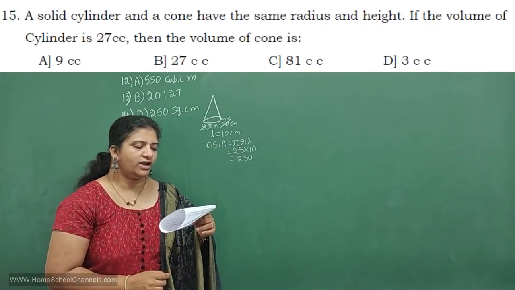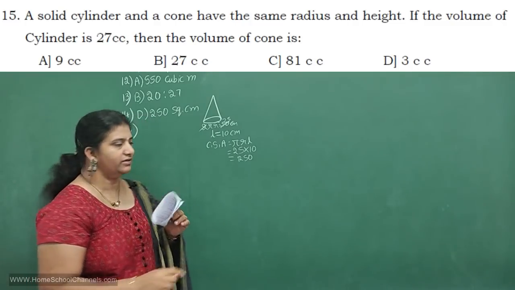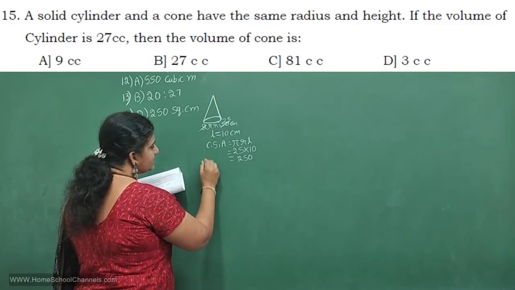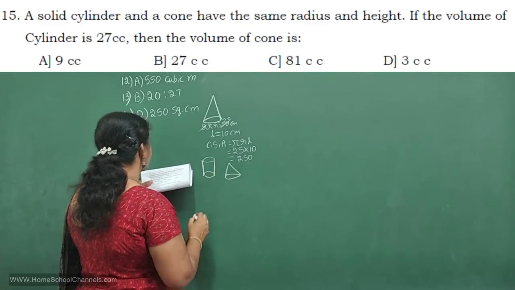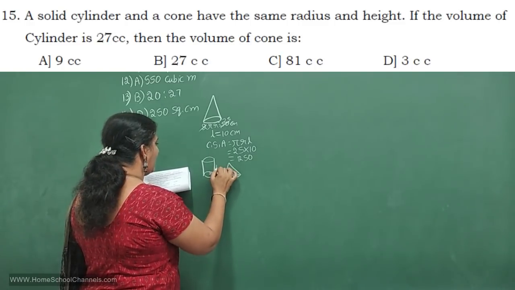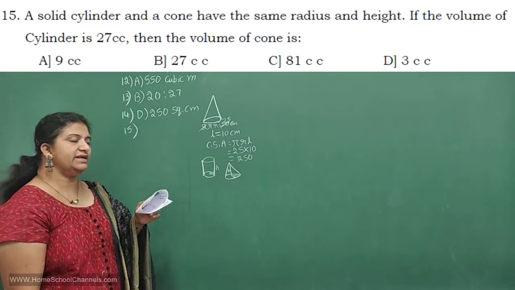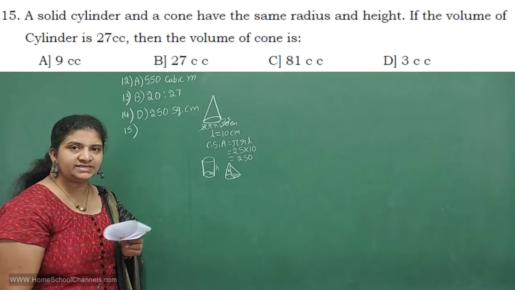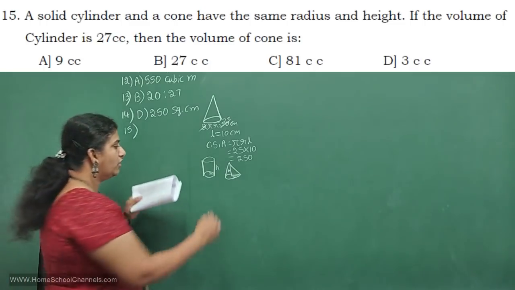Fifteenth one, a solid cylinder and a cone have the same radius and height. Okay. If the volume of a cylinder is 27 cubic centimeter, then what is the volume of a cone?